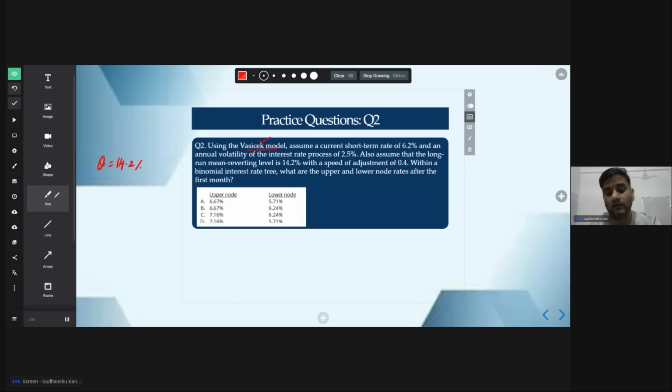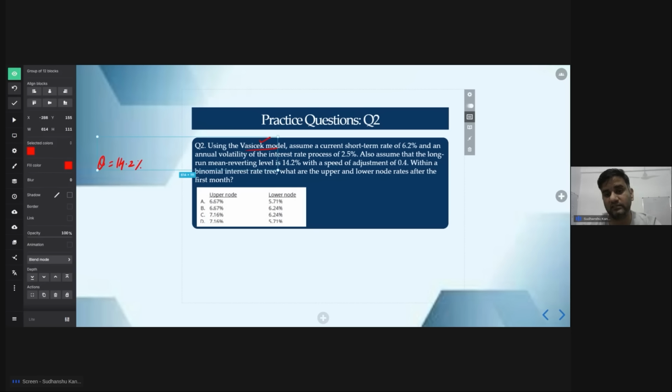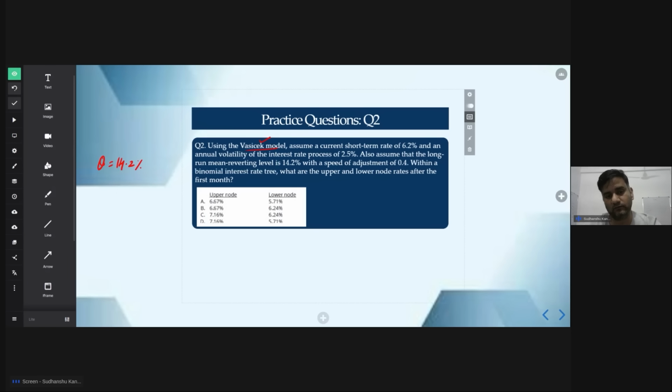And speed of adjustment K is equal to 0.4. Horizon is 1 month, means dt is equal to 1 by 12. So we need to find the upper and the lower nodes after 1 month, right?